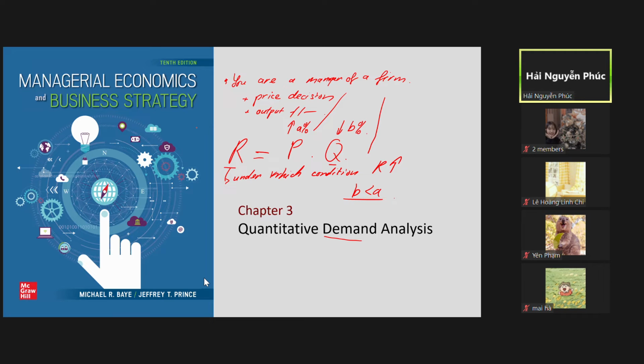You can see that in economics we use a very simple and very useful concept to illustrate this situation. It is the concept of elasticity.